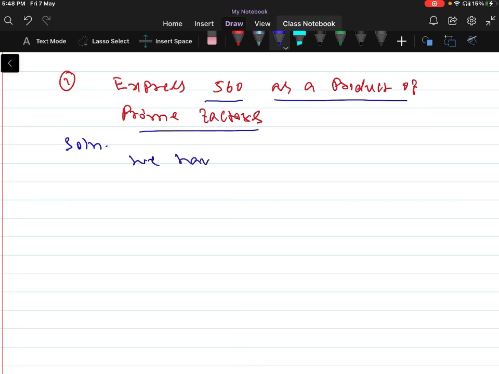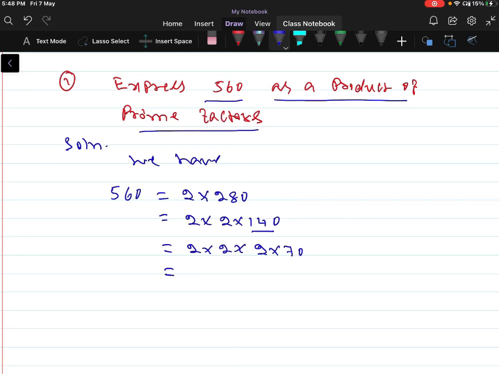We have 560, which can be written as 2 into 280. 280 can be written as 2 into 140, and 140 as 2 into 70. 70 can be written as 2 into 35, and 35 as 7 into 5.